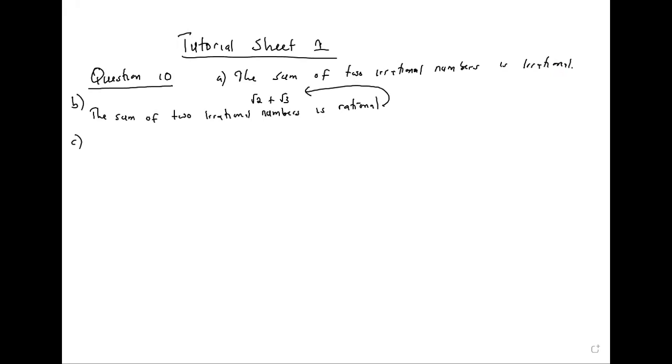Then C, we are talking of the product of two irrational numbers is irrational. Let's see. Let root 2 and root 3 be irrational numbers.